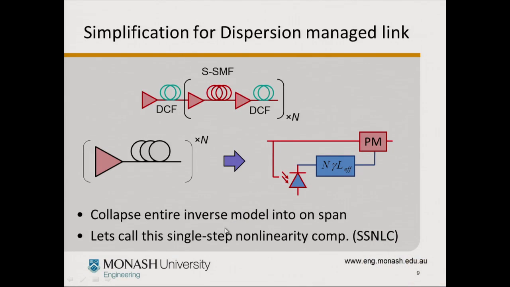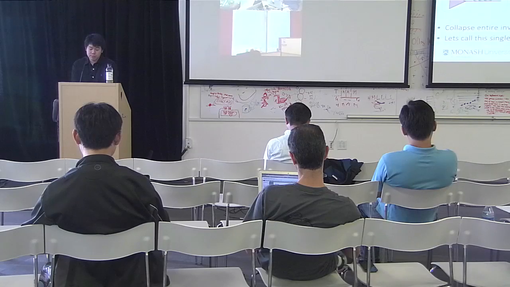And because it's only one step, we call this single-step nonlinearity compensation. Once we've reduced it to one step, the computation becomes trivial. So this is really a very small overhead on the digital equalizer.